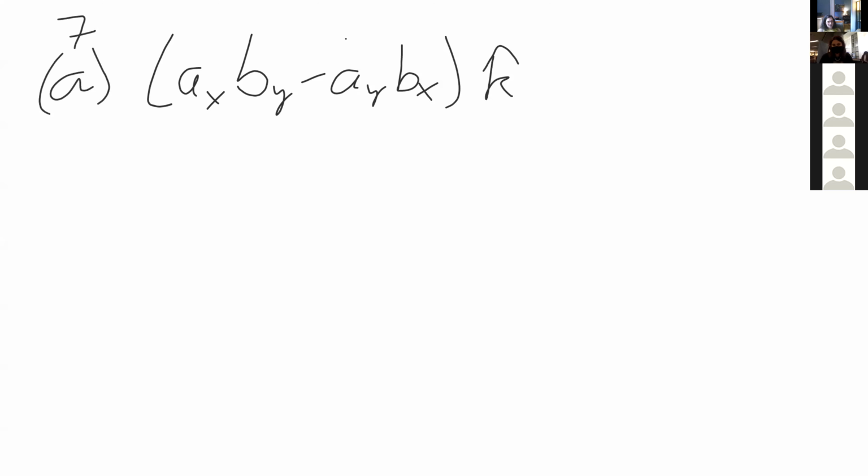They just ask us for the magnitude, but of course we're going to automatically find the magnitude because there's only one component. So let's plug in the values here for problem 7a. The x component is 8.9, and the y component of my b is 2.4.